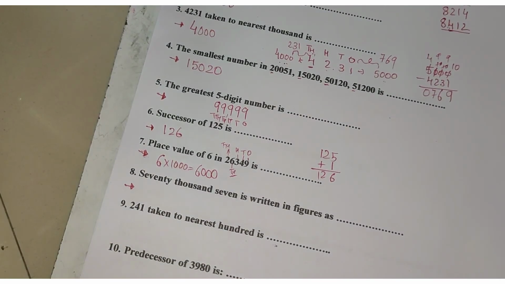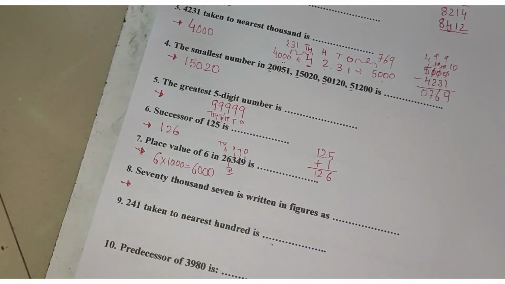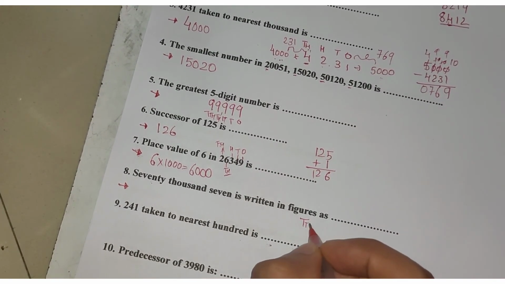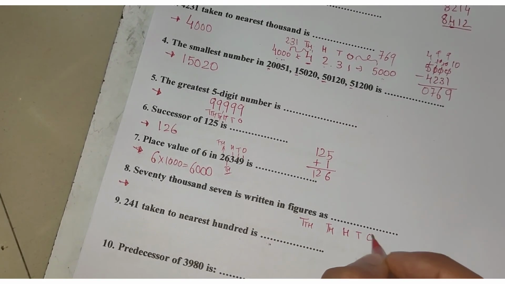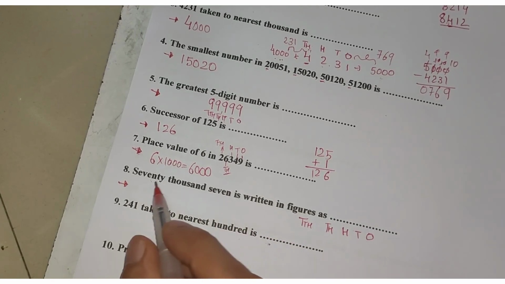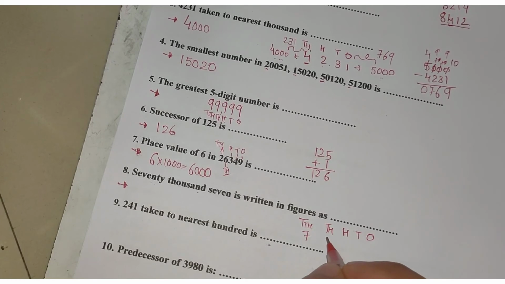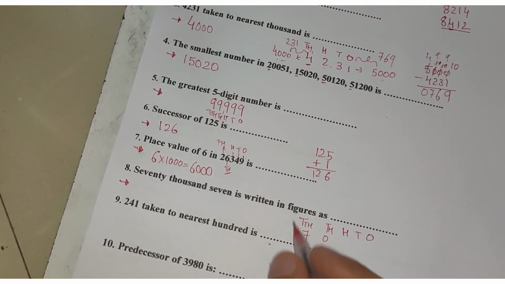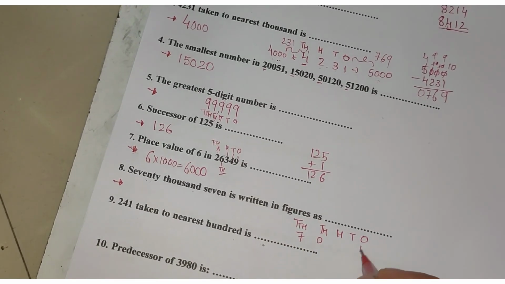Next, 70,007 is written in figures as, okay, 70,000, it means at the 10,000 place there is the value. Okay, if we write in the Indian numeral system, 10,000, 1,000, 100, tens and ones. 70,007: 7, 0, because it's 70,000, so overall it's 70,000, and the ones place has 7.